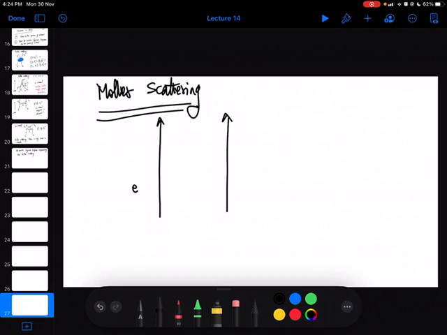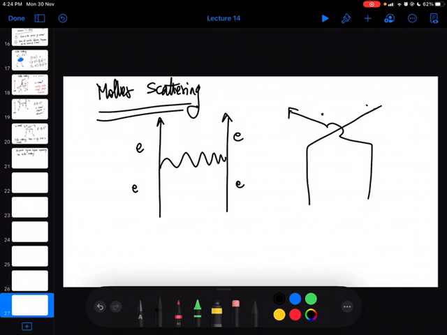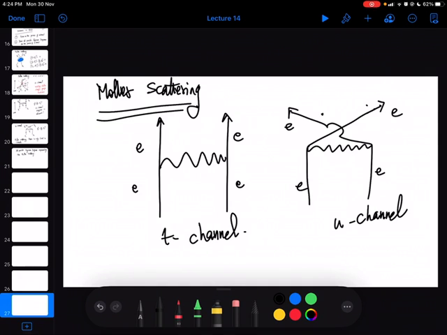There are two diagrams: one is the T channel, and the other is the U channel. The electric charge is flowing like this.